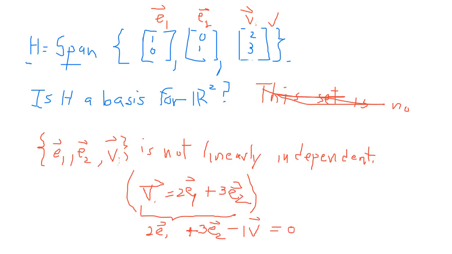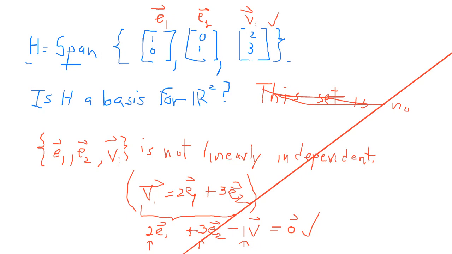In other words, you have a non-trivial linear combination of the three vectors that equals a zero vector. And so you have a, don't worry about that line. I don't know, it pops up sometimes, I don't know why. But you have a non-trivial linear combination of these three vectors that equals a zero vector.